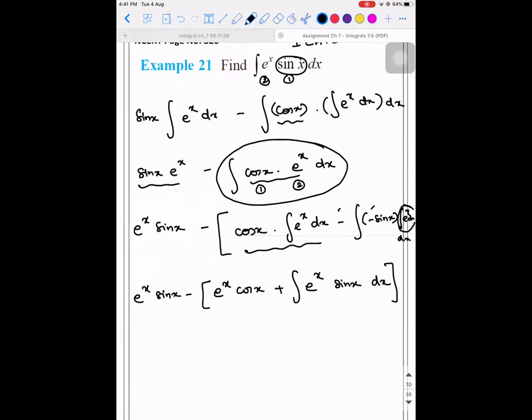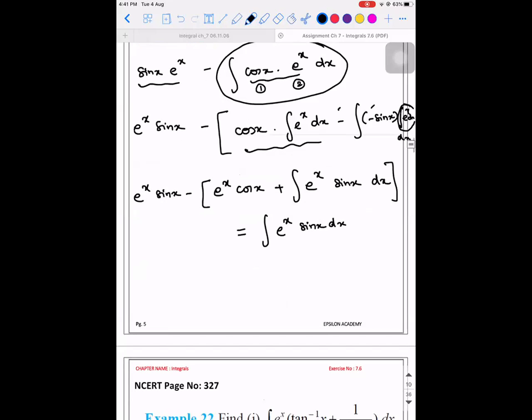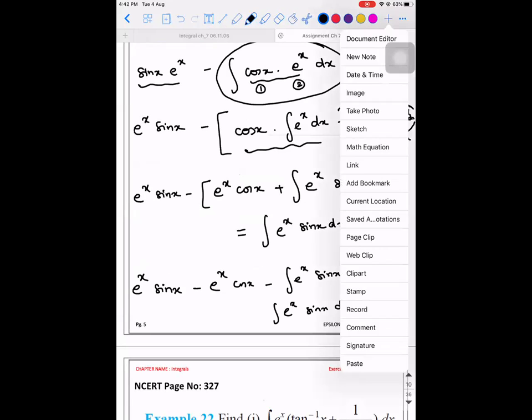So what is this whole thing? This whole thing is nothing but the question, integral of e power x sin x dx. Now expand the left hand side. So e power x into sin x minus e power x cos x minus integral of e power x sin x dx. This integration is not going to stop. It will keep repeating itself.